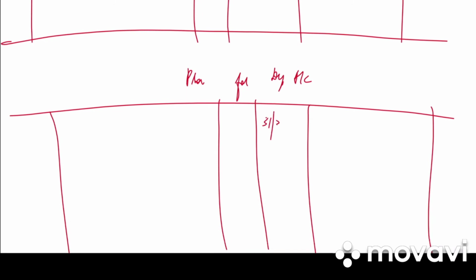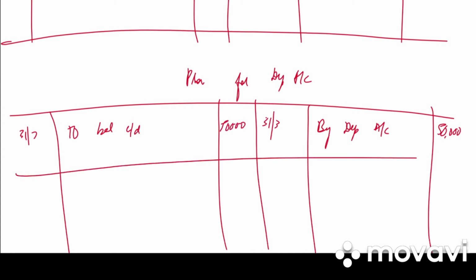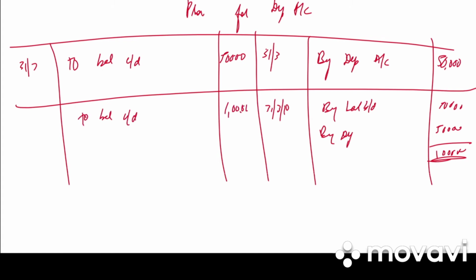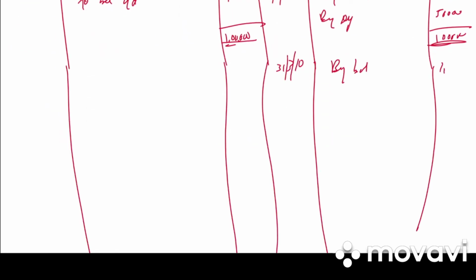So depreciation will be charged in provision for depreciation account by depreciation 50,000. 31st March to balance carried down 50,000. Then again 31st March 2010 by balance brought down 50,000, by depreciation 50,000. Total is 1 lakh. So to balance carried down 1 lakh. Then by balance brought down 1 lakh. 31st March 2011 by depreciation 50,000.